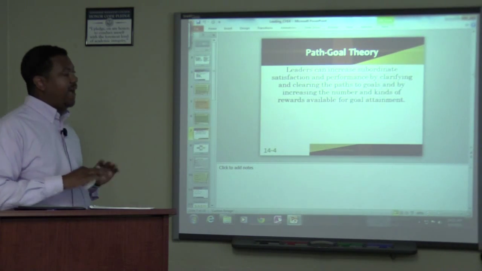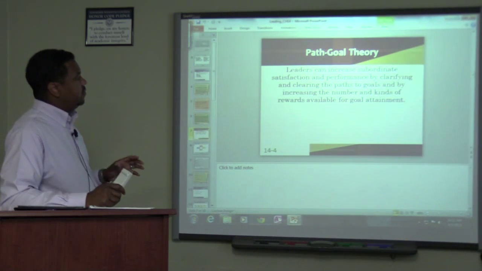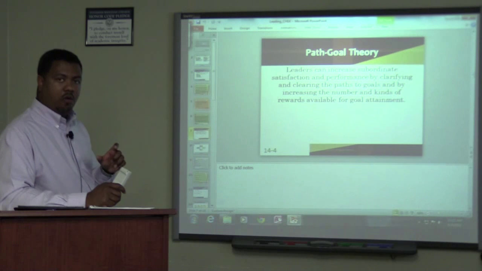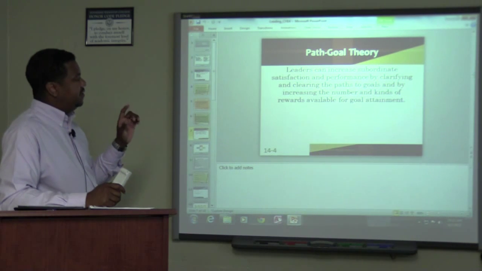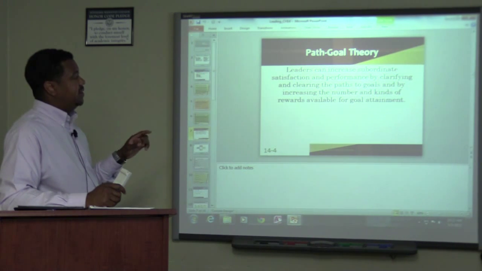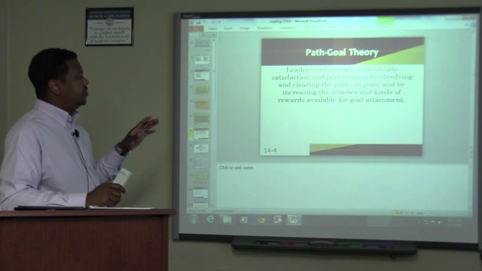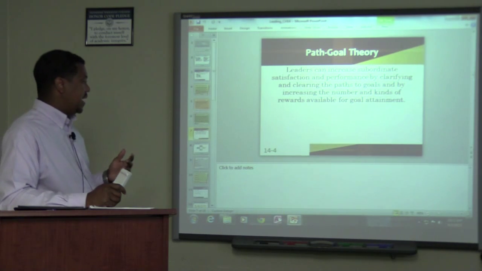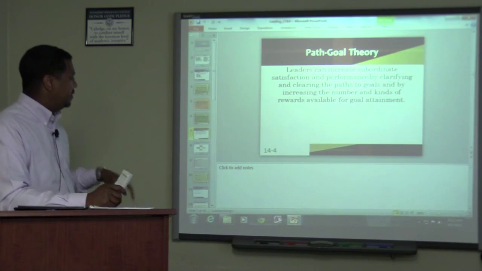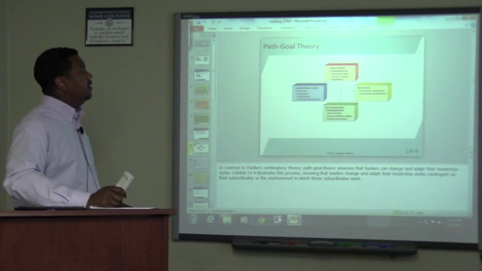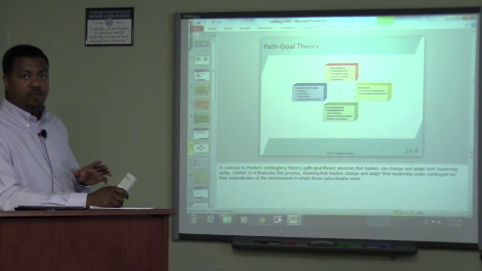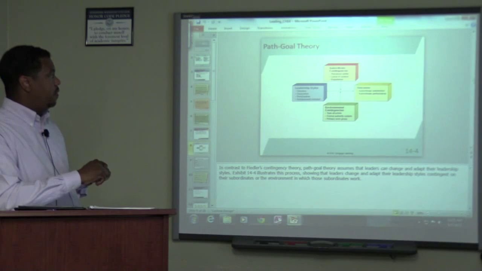So let's look at path goal theory. Path goal theory, kind of similar to goal theory, says leaders can increase subordinate satisfaction and performance by clarifying and clearing the path to goals and by increasing the number of rewards available for goal attainment. So the leader can clearly identify how the subordinates should move forward to achieve the overall goal.